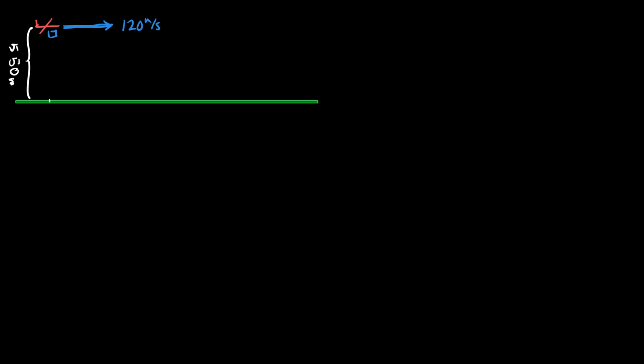So if this is the point of the release, they're asking us, how far along the ground will the package take to reach the ground? I think we can probably all agree that the package is going to do something like this. All right? It's going to drop.